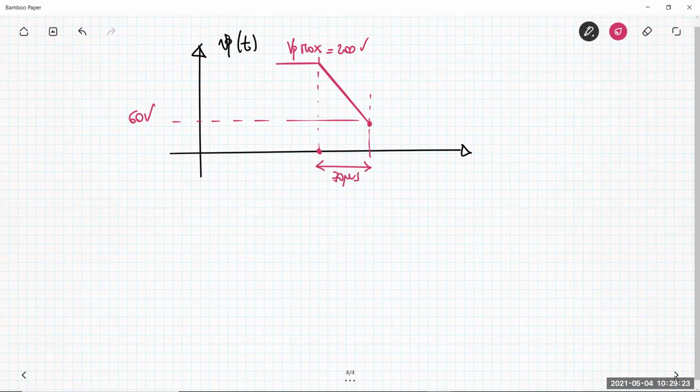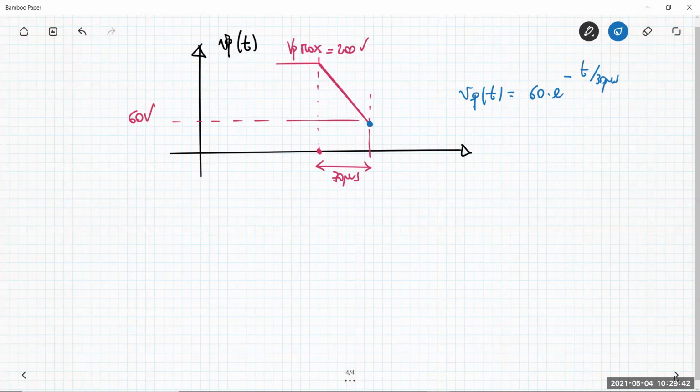From this point on, we have our resistor operating. The expression for the voltage Vp is 60 volt multiplied by e to the minus t over tau for the circuit.